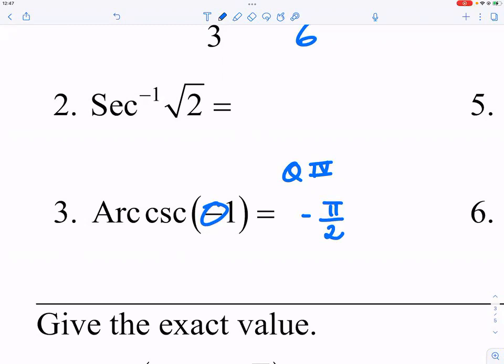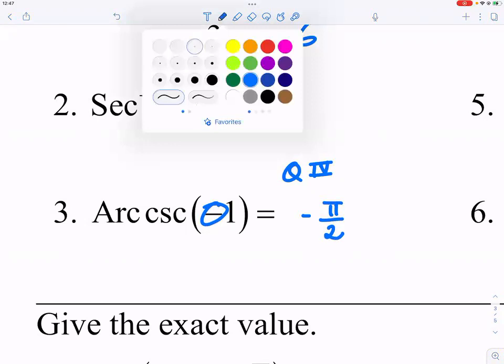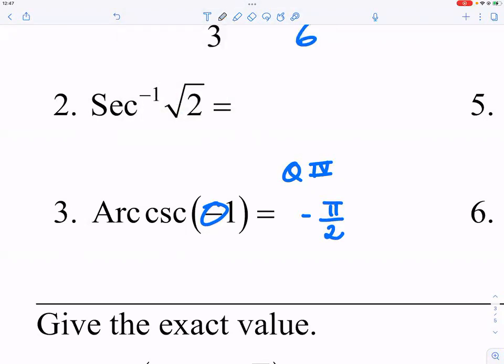So that's one way to think about it, if you know your cosecant values or your cosecant graph very well. Now the other way, if you're like me, who dislikes secant and cosecant stuff, you can say, can we just change this to arc sine? And in doing so, can I just do the reciprocal of -1, which is -1/1, still -1?